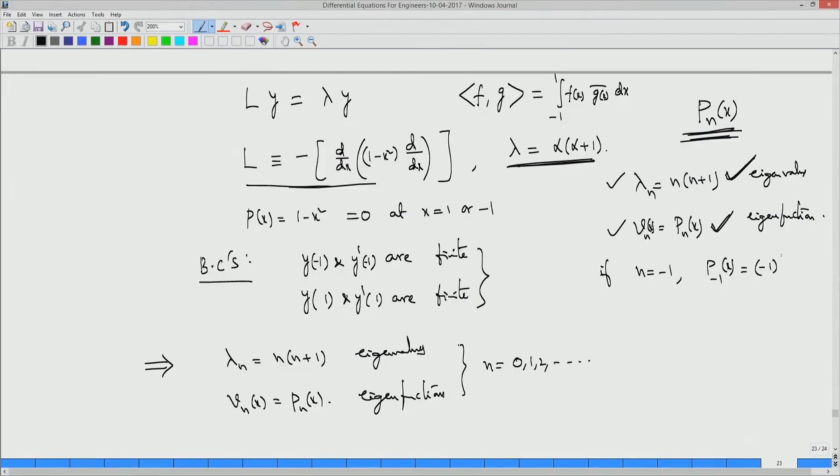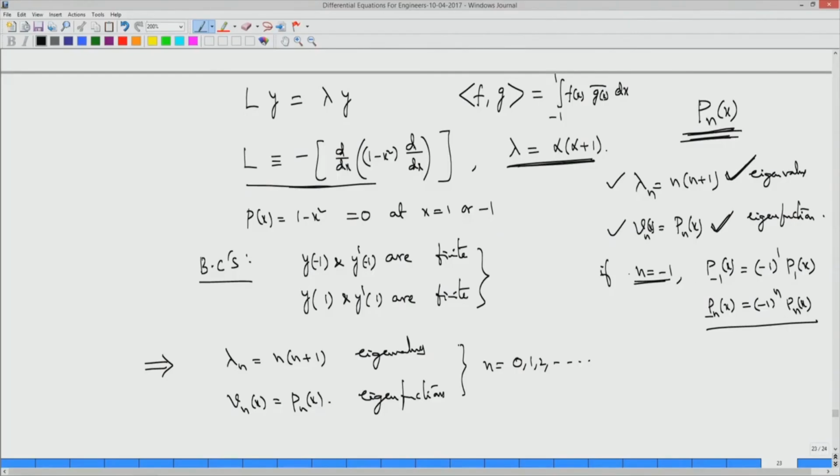We have shown that P minus n of x equals minus 1 power n into Pn of x, using this relation which we proved earlier. So, P minus 1 is minus 1 power 1 into P1 of x, so P minus 1 and P1 are actually linearly dependent.